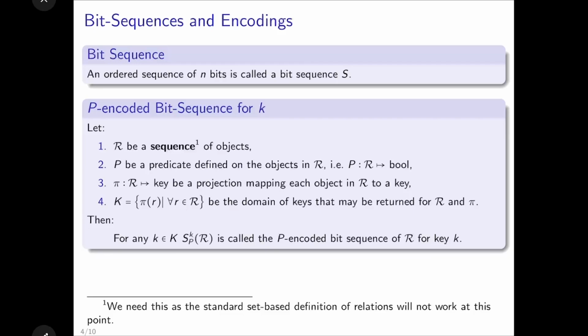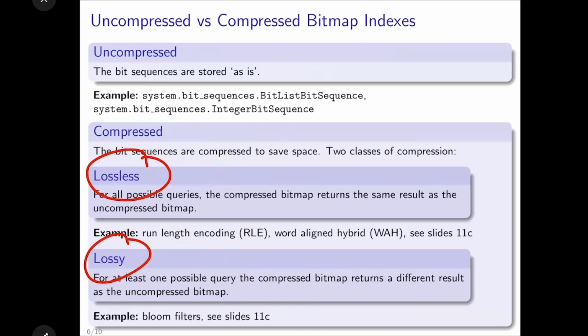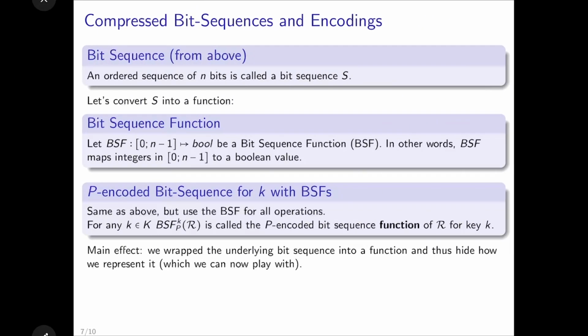Now I'm hiding how those bits are represented, and how do I do that? I shield this data structure by using a function. That's what I'm doing on this slide. I'm defining a bit sequence function that's shielding how I access those bit sequences.